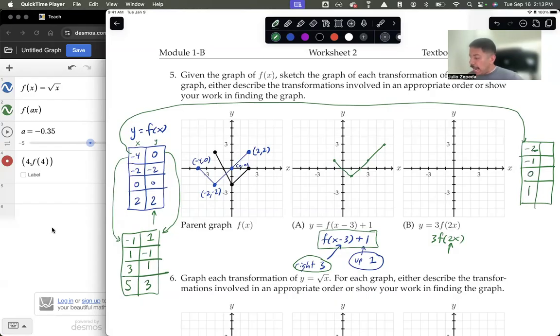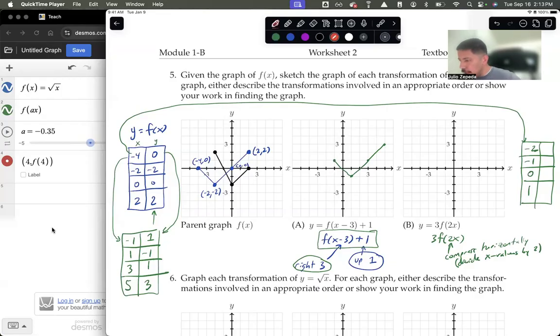Okay, so that 2x is going to compress horizontally, divide the x values by 2. And then what does the 3 do?